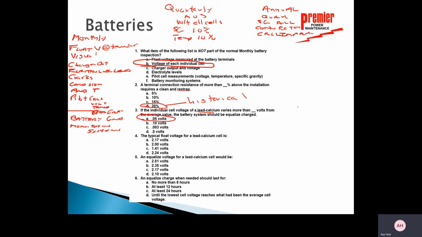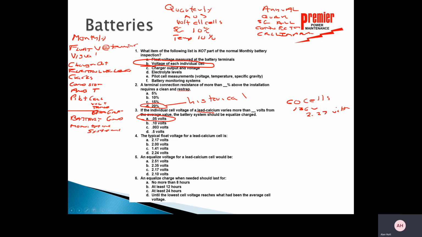So let's just say that I've got a 60 cell battery and my overall voltage is 136 volts. If I take 136 volts divided by 60 cells, that turns out to be 2.266, 2.27 volts.